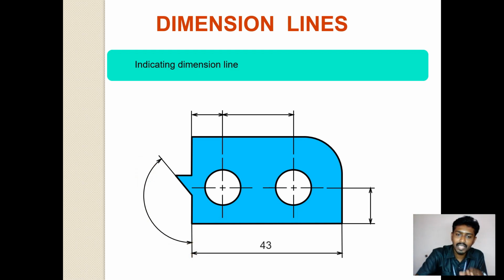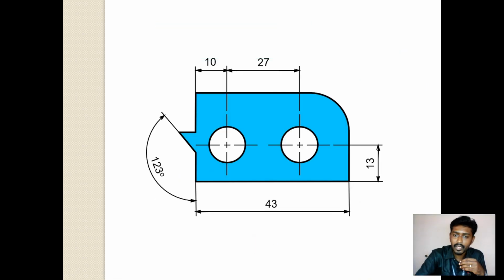Okay, and after that, how to denote the measurement above the line. Always denote your measurement above the dimension line like this. Okay, fine.